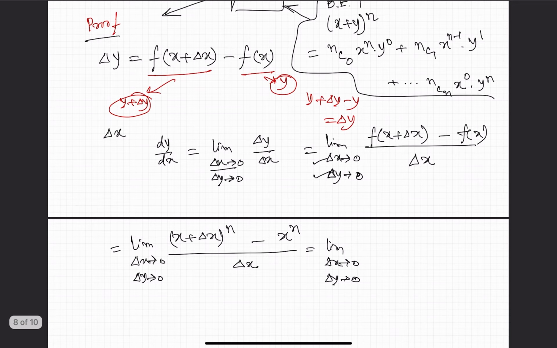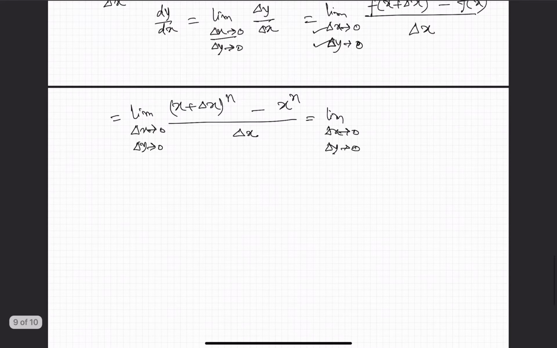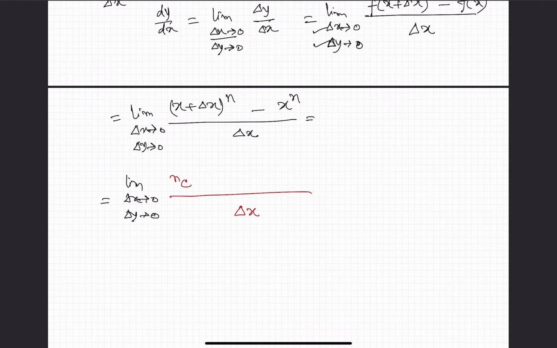So by binomial expansion we can write, let me write it below in a different color, nC0 x to the power n del x to the power 0 plus nC1 x to the power n minus 1 del x, and so on.